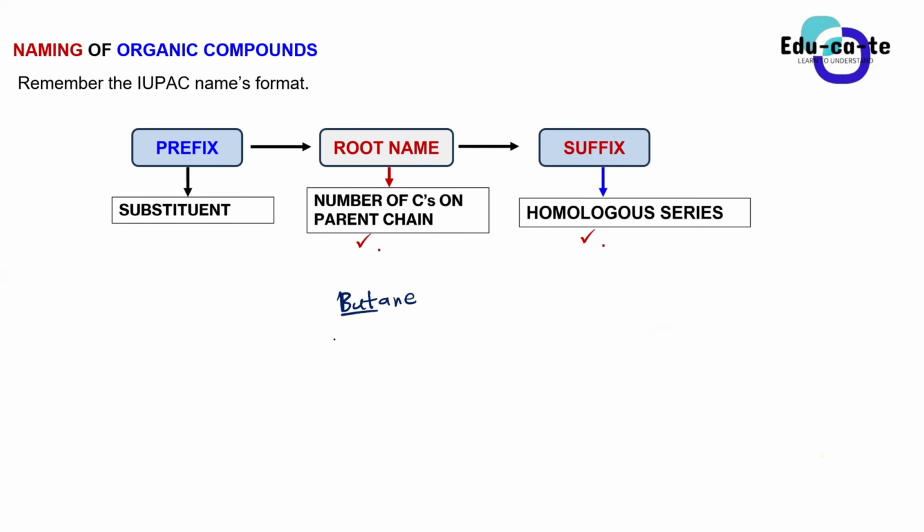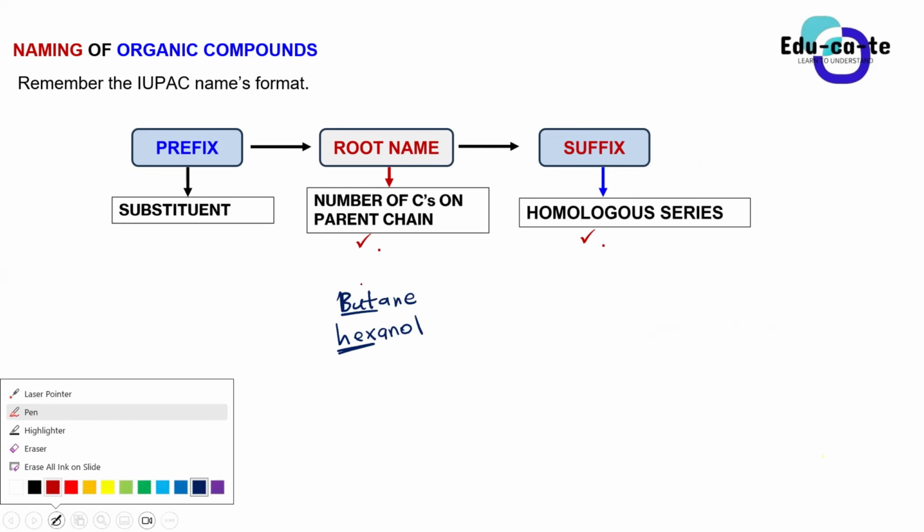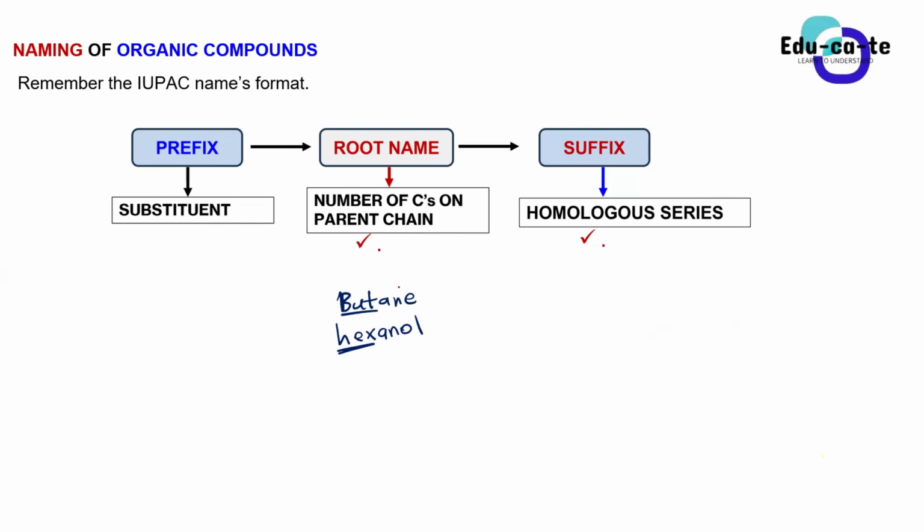Even if you don't know how to name alcohols yet, the hex there tells you that we have 6 carbons in the parent chain. So we've already done that one. As well as the suffix, I already told you that the suffix tells you the homologous series. For example, if it ends with ane, it's an alkane. If it ends with ol, it is an alcohol, and so on.